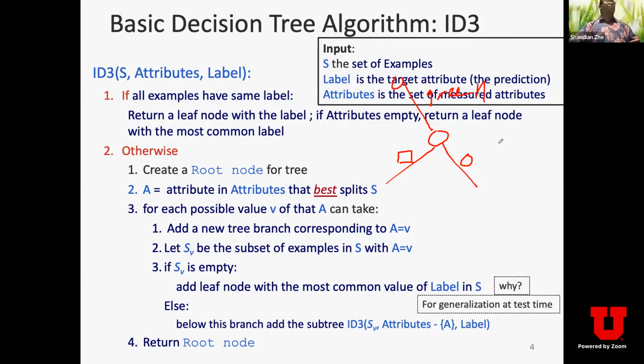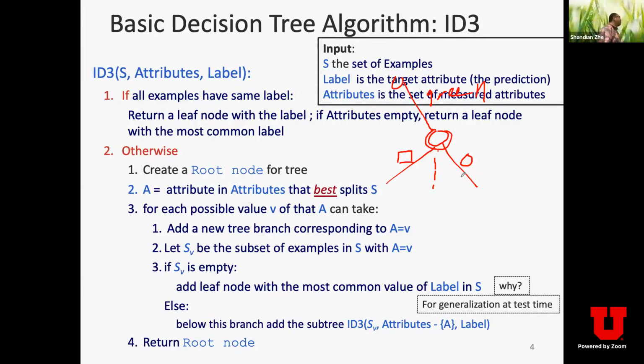But during the test case, what if I give you an example, which is a green triangle? Starting from the root node, I'm going to test its color, which is green. Now I arrive here, but now you don't have any test branch telling you which path you should go when you have a triangle shape. Then you're stuck there. You cannot provide any prediction.